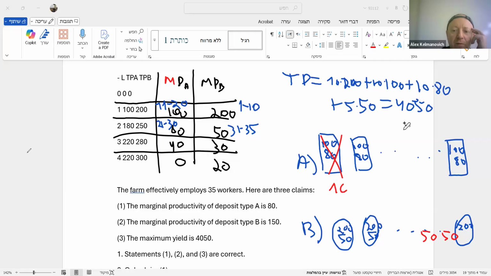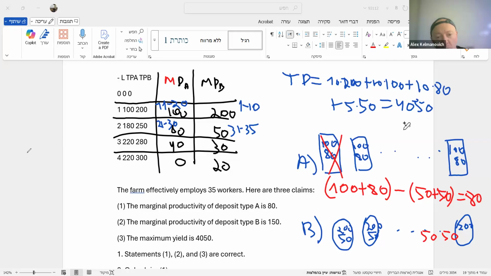So instead of 180, I have 50 and 50. And the difference is 80. So the first statement, the marginal productivity of type A is 80, is correct. Right?